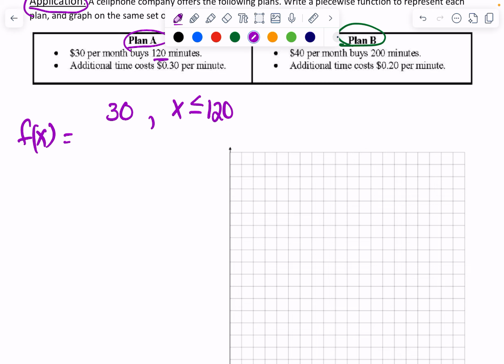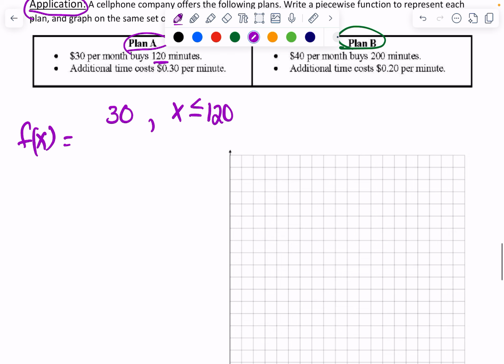So this 30 is good up until 120. Now, when we exceed the 120, so when it's greater than 120, that's when the additional 30 cents comes into play. And the way we're going to have to write the function, well, you're going to pay the $30 anyway.